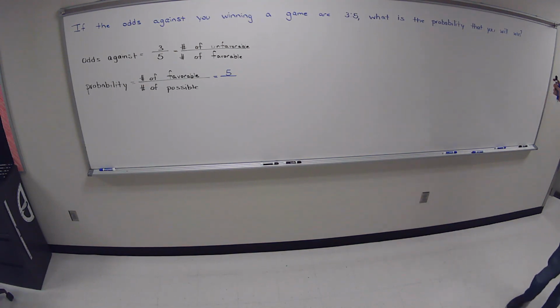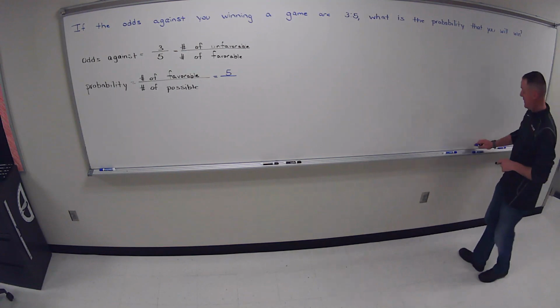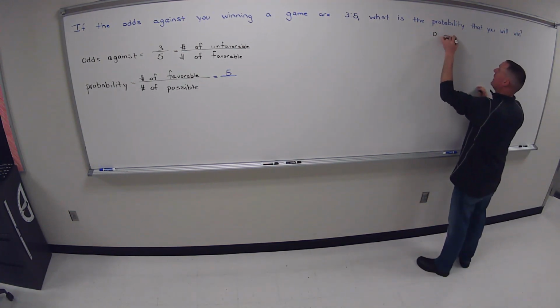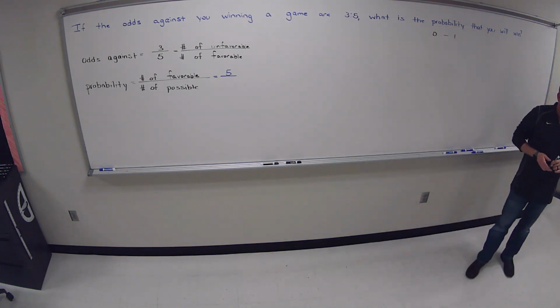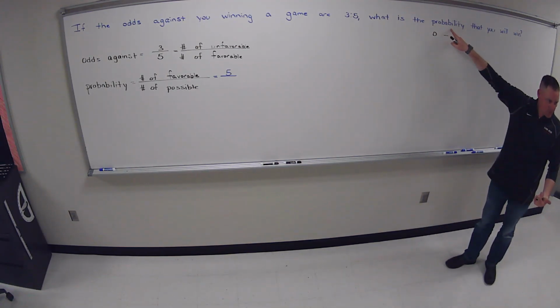How do I know, if I'm asking you for probability, that 5 over 3 cannot be my answer? Because you can't get anything more than what? More than 1. Probability is a number between 0 and 1. That's how we define probability. We even have a little chart at the bottom of the page. I can't have an answer to this problem that's bigger than 1, and 5 over 3 is definitely bigger than 1.